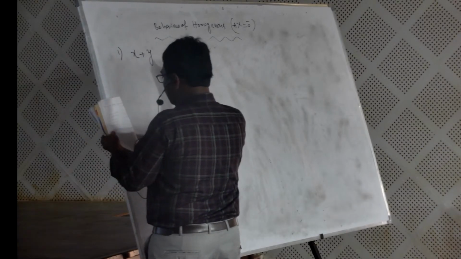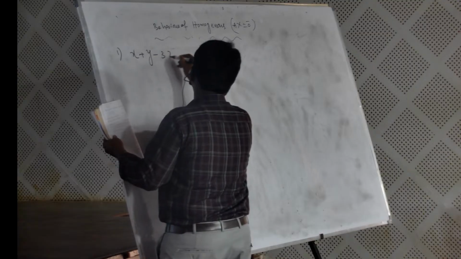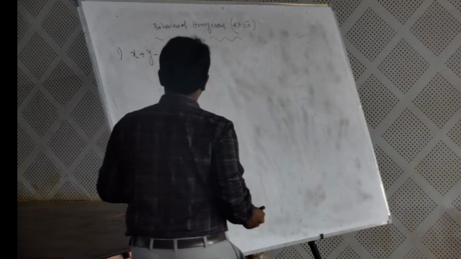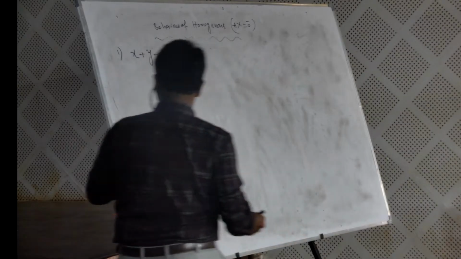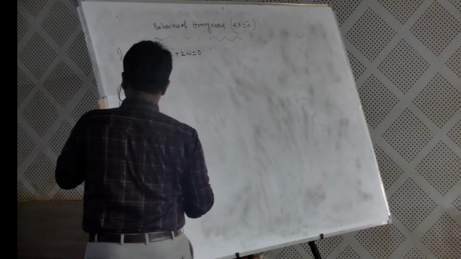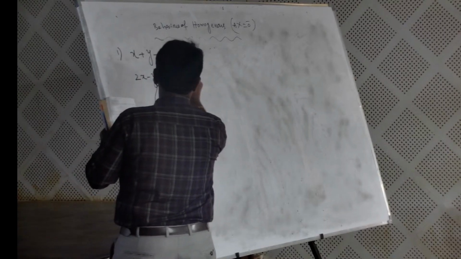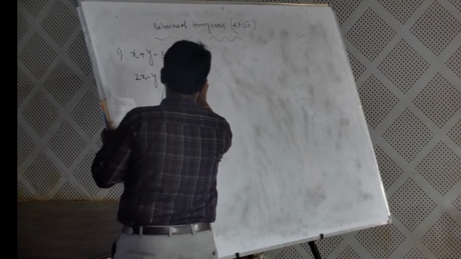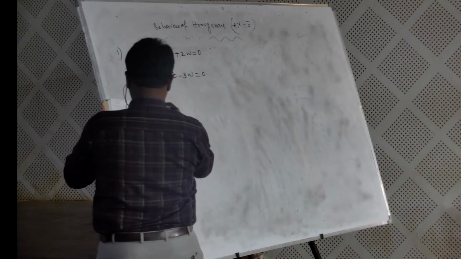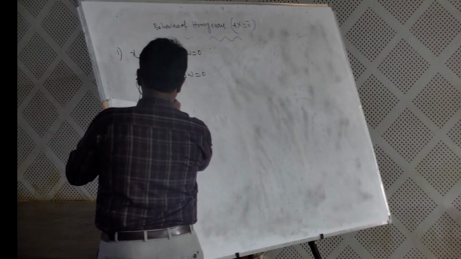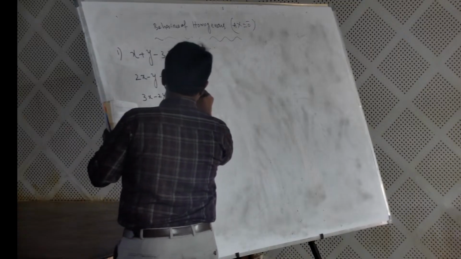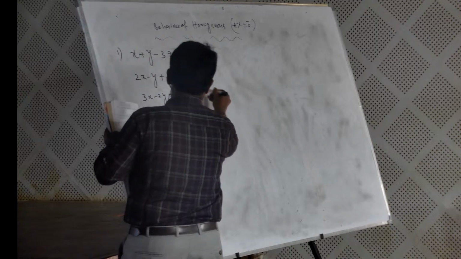x plus y minus 3z plus 2w equal to 0. 2x minus y plus 2z minus 3w equal to 0. 3x minus 2y plus z minus 4w equal to 0.